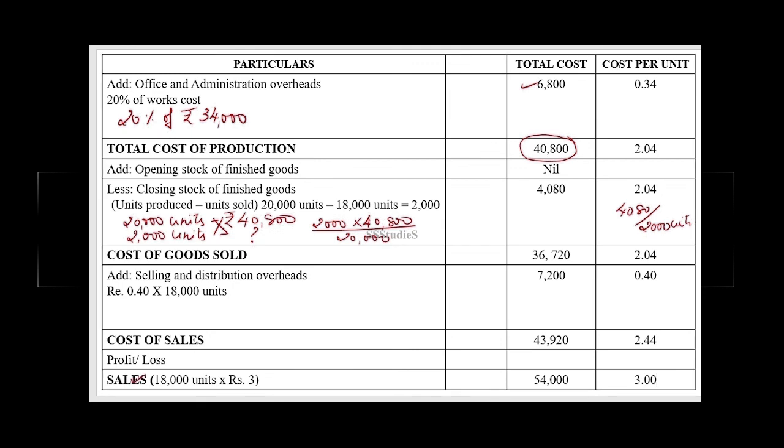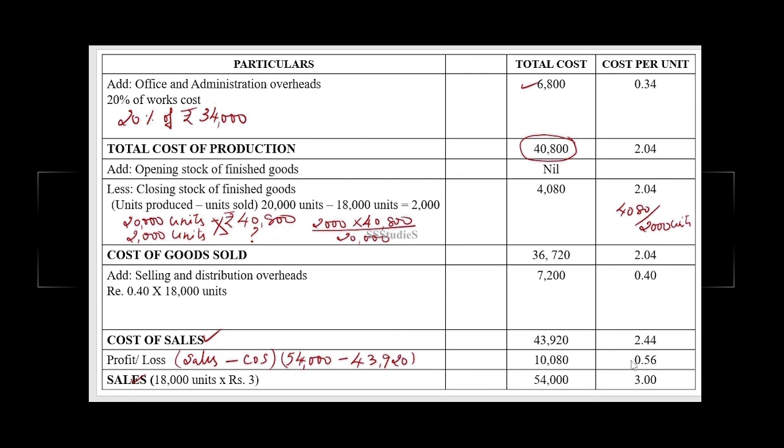So we know sales, we know cost of sales. Can we find out profit or loss? Sales minus cost of sales will give either profits or losses. So in this case, sales is 54,000 rupees minus 43,920. That comes to 10,080.